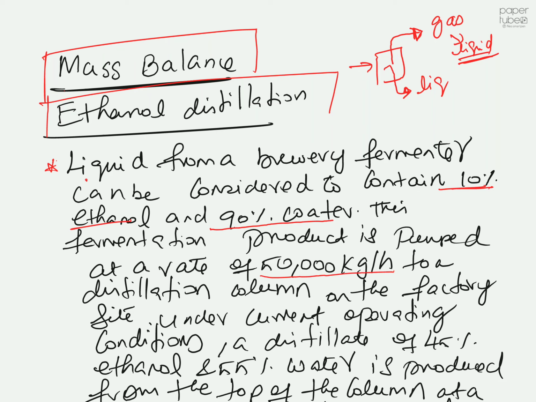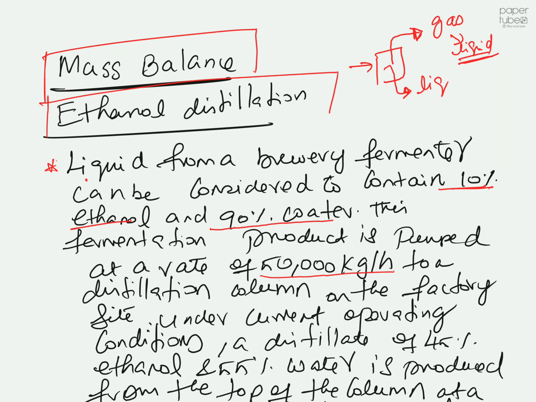So you have a distillation column, and we are pumping some fluid that contains 10% ethanol and 90% water to a distillation column at the factory site.